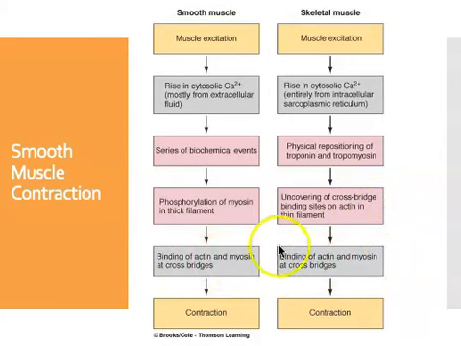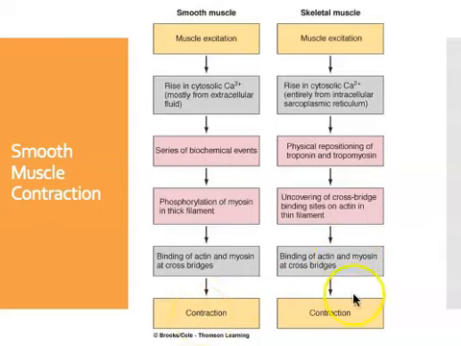In both of these cases, as long as there's ATP around, you've got to have ATP for all of this. But once the myosin heads can come in contact with the actin in the thin filaments, you're going to have those power strokes, and you're going to see the thin filaments sliding past the thick filaments, and contraction occurs.